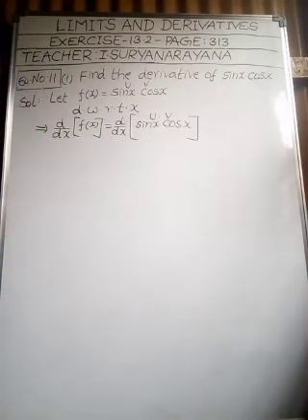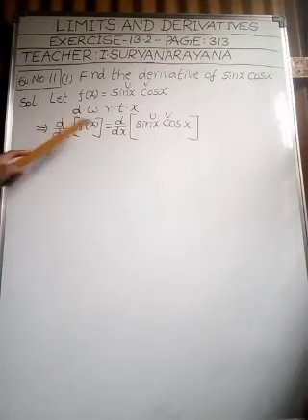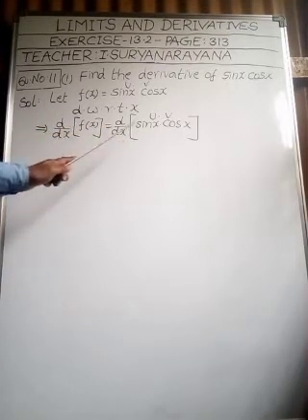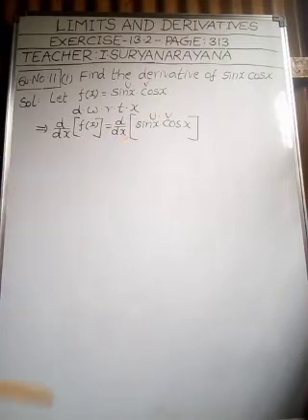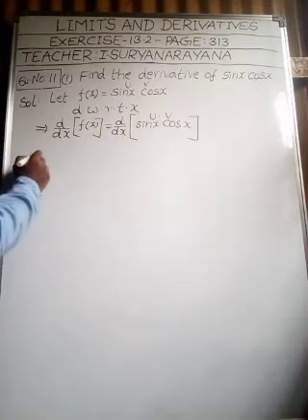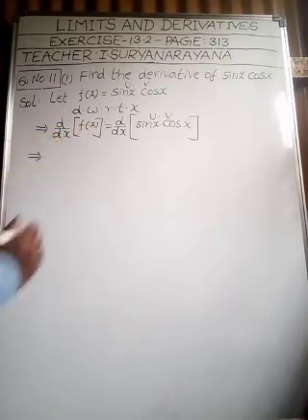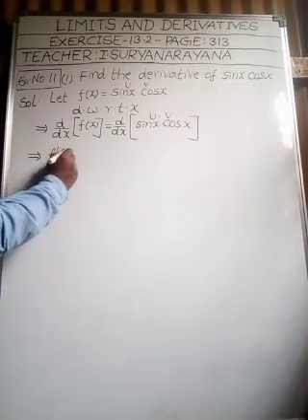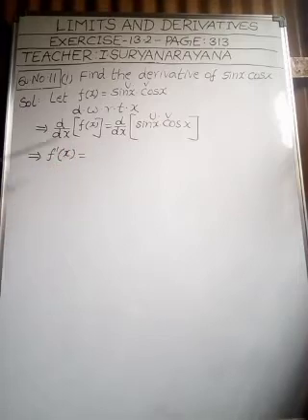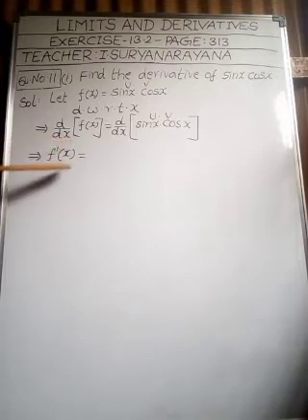I wrote here the differential operator, that is d by dx, on both sides. Understood this step, my dear children? Right. How do you write d by dx of f of x? f dash of x. This can be written as f dash of x. This notation and this notation denote the same. Okay, my dear children? Right.